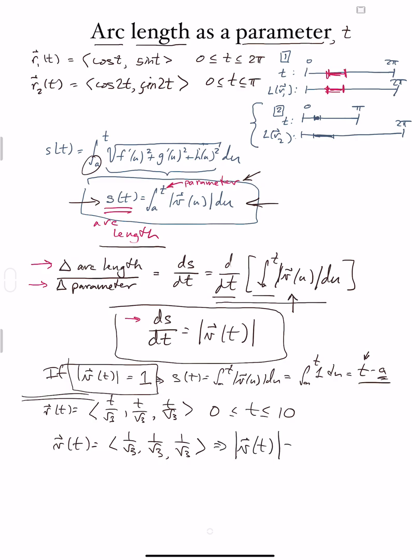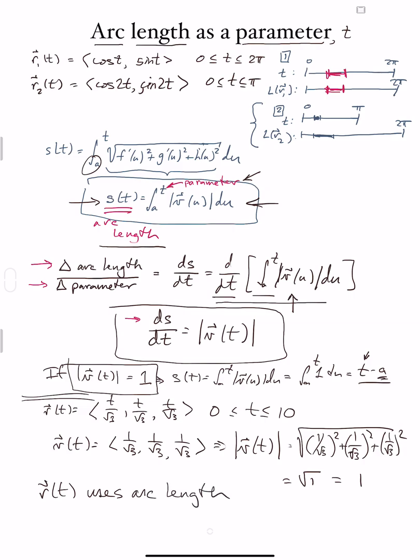Okay, so I'm going to end up with 1 over root 3, the quantity squared, and do that 3 times, and find out that that is the square root of 1, which equals 1, right? So since I computed the magnitude of the velocity, and it's going to be 1, I can then conclude that R of t uses arc length as a parameter.